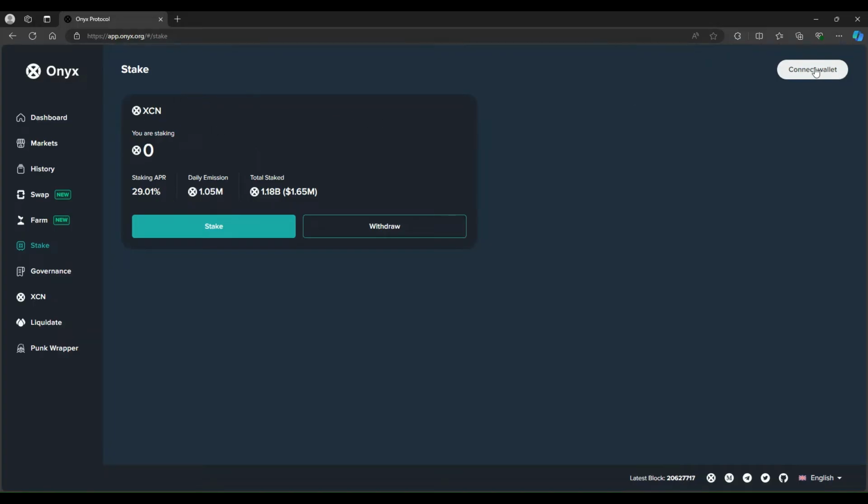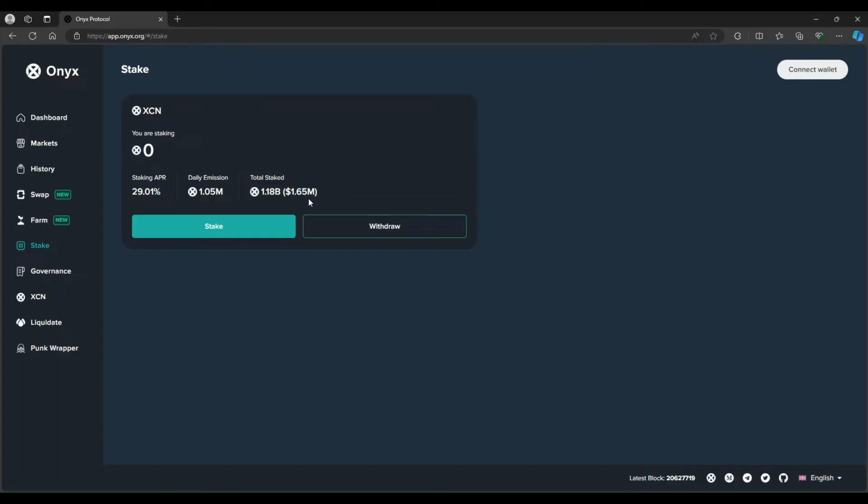It's pretty simple. You just connect your wallet and click stake, and then in your wallet, it'll show up. I'm not doing it because I don't want to show my personal information in my wallet on here. I just like the privacy of that. Just go to onyx.org, then hit launch app, and then you come down to stake. You could also earn a higher yield if you do farming, like we talked about earlier.